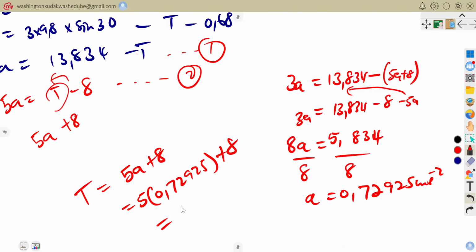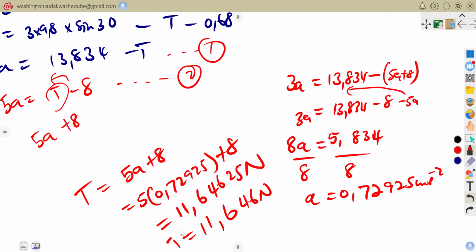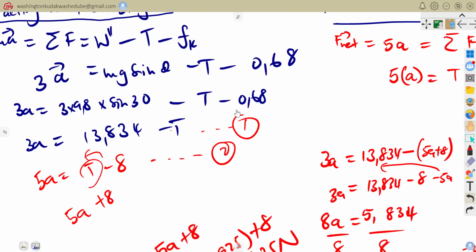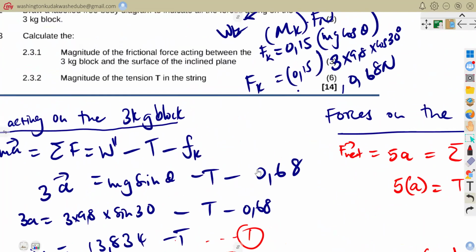So my tension would be equal to 11.64625 newtons, or else 11.646 newtons. That is how we answer our questions.